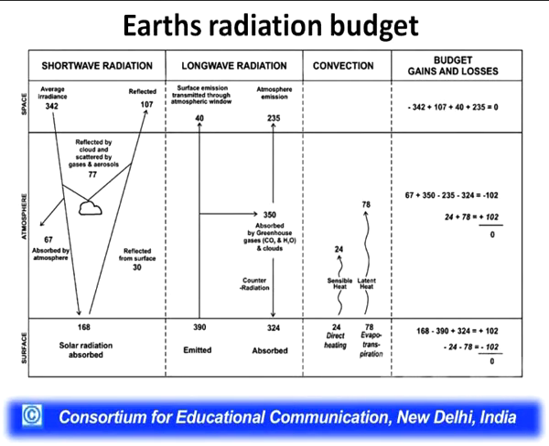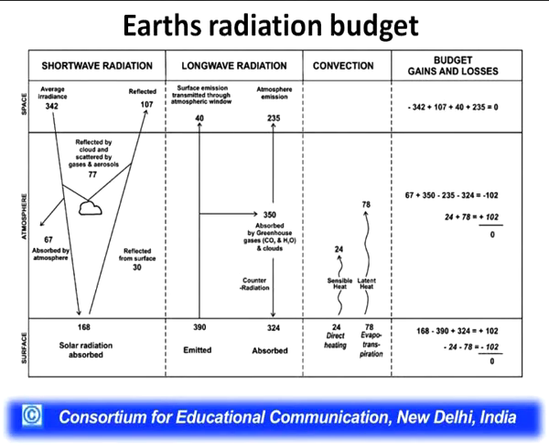But if we take the direct heating, which is 24 from the atmospheric components for the sensible heating, or for the conduction and convection, and 78 which is given by the earth for the evapotranspiration or the cloud formation, then if we add these two, which is minus because it is given away by the earth, so minus 24 and 78, it becomes again minus 102. So minus 102 and plus 102 is again 0.